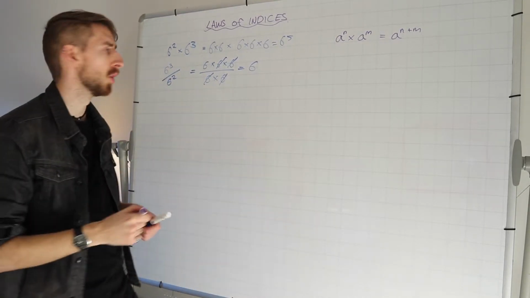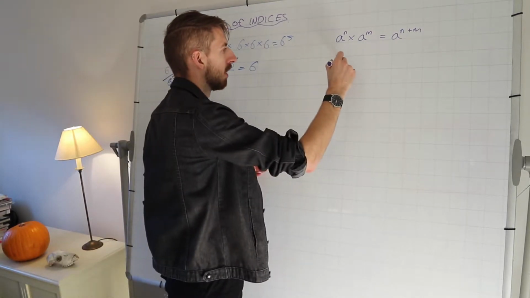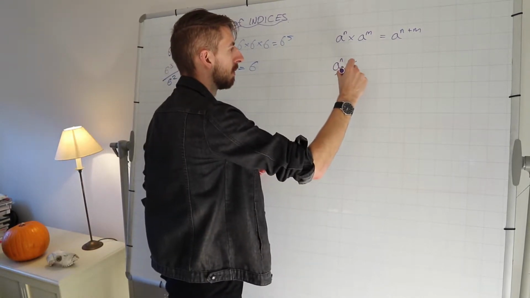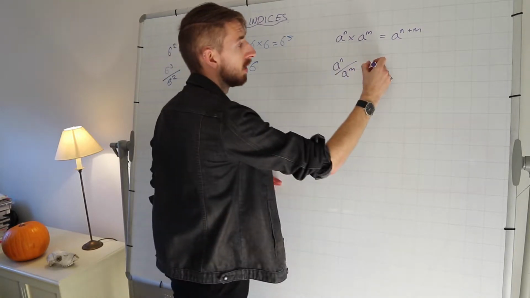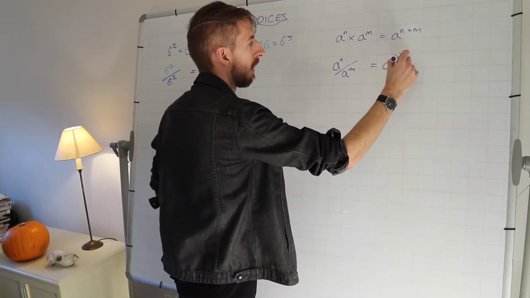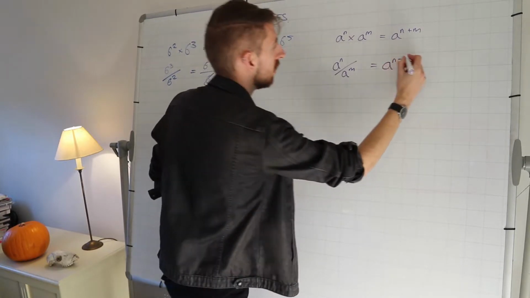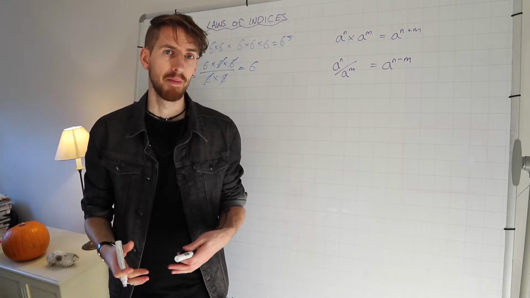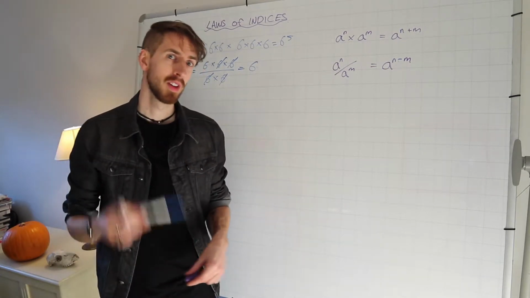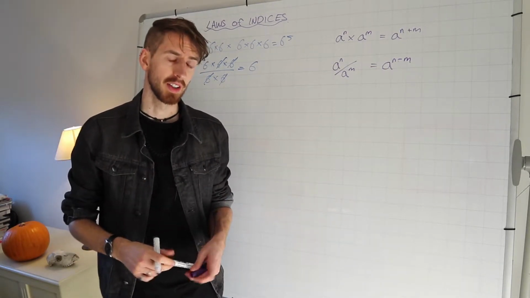So we get a new little rule here, which is a to the power of n over a to the power of m equals a to the power of n minus m. That's a nice little rule. And we can use that in a second.